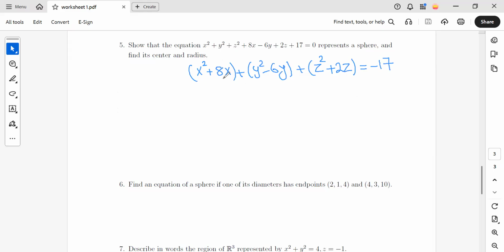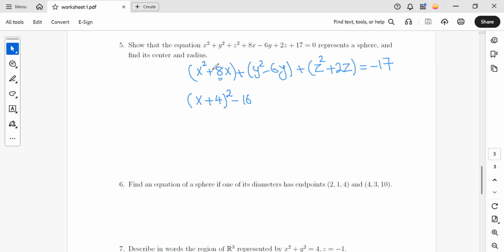So how can we write it in the form of the equation that we are expecting? The trick is you would write (x plus half of this number here, which is 4) squared, minus, this one will always be minus, this 4 squared, which is 16.